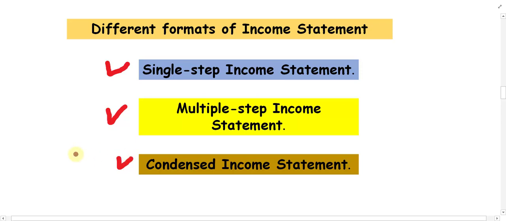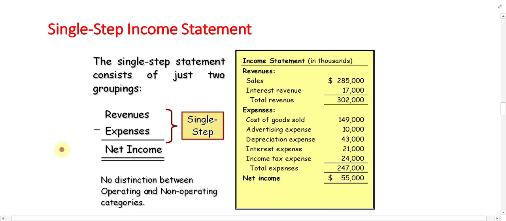So first of all, let us go for the first type of income statement. The first one is basically this one, the single step income statement. In the case of single step income statements, if you remember, we have discussed in the previous videos and also solved and made the income statement. Under this one, basically first we record the revenue, right?